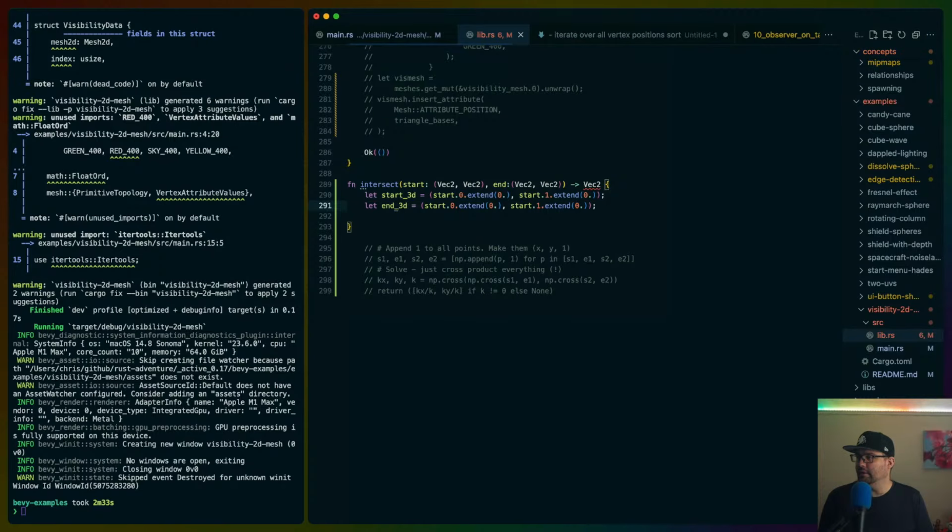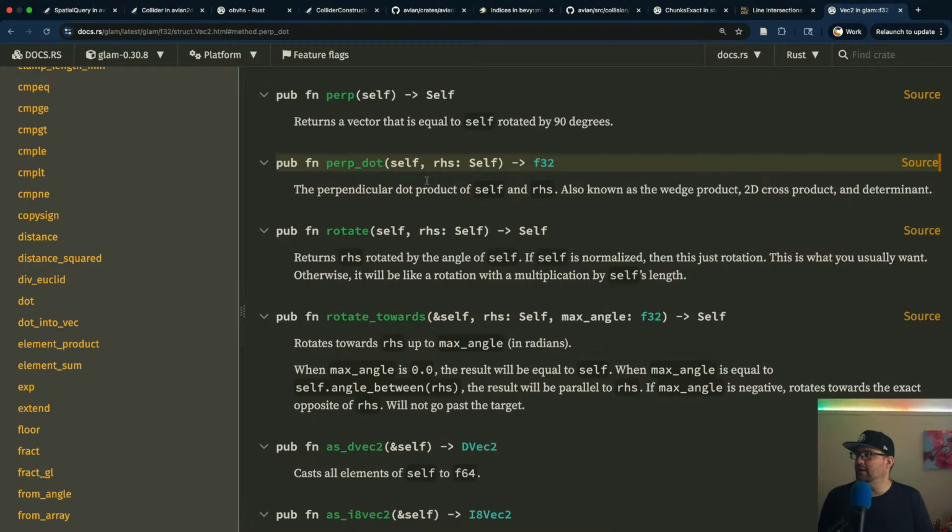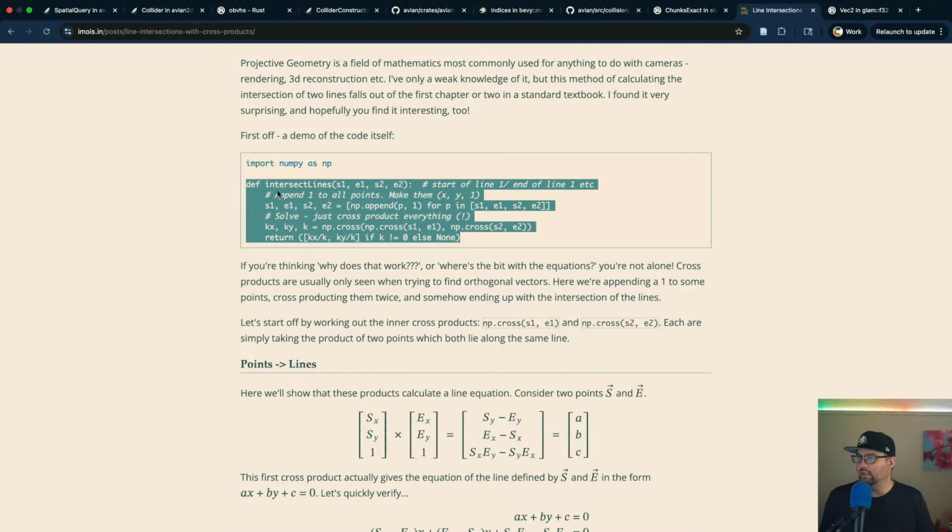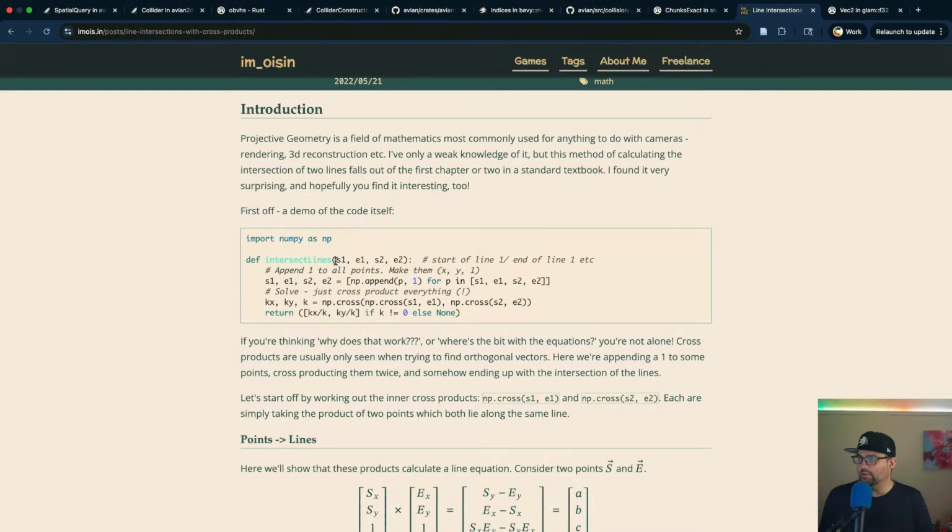Wait, why did I call these start and end? Yeah, start and end need renaming to be plurals. Let me intersect lines S1, E1, S2, E2. They don't have any types in their code and they don't specify what these are. So I'm assuming that each of these are an individual point on a line. So this is the start point, end point, start point, end point.